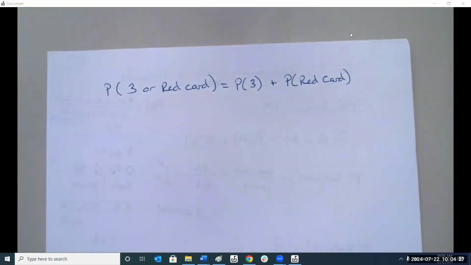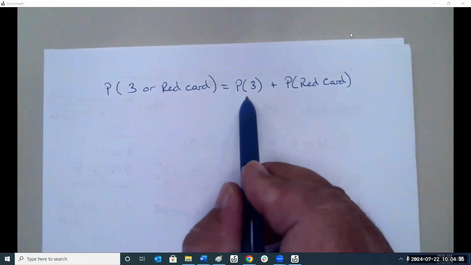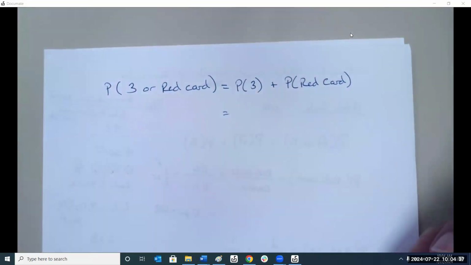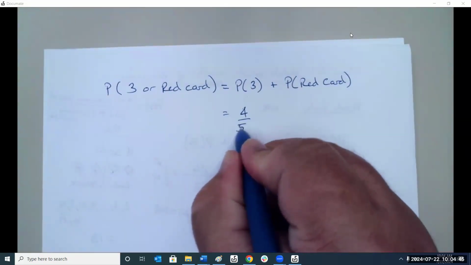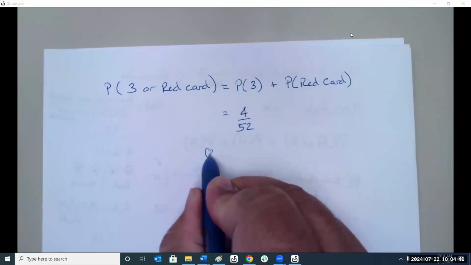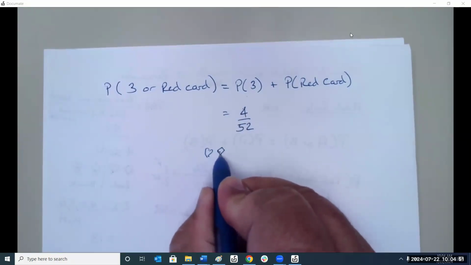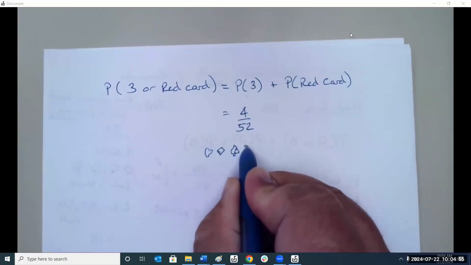Oh, yeah, we'll do that when we do multiplication. We're switching them. I'm sorry, I should have said I'm switching. What's the probability of getting a 3 from a deck of cards? Exactly, 4 out of 52. Because there's a 3 of hearts, 3 of diamonds, 3 of spades, and a 3 of clubs.